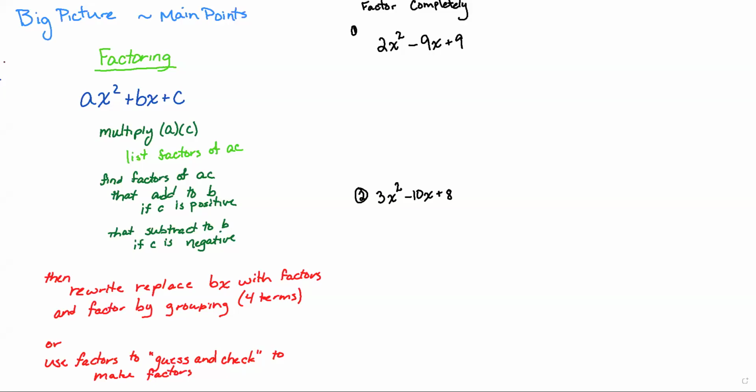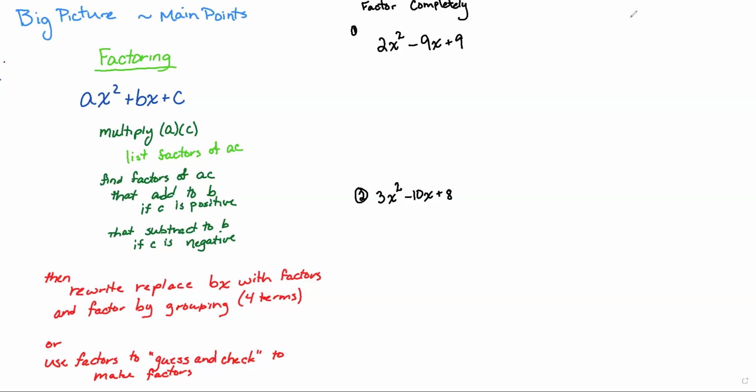All right, so we're going to factor 2 more problems that are quadratics with a little bit more work. So we have lead coefficients. What we're going to factor for the first one is 2x squared minus 9x plus 9. So to see if it factors, we need to multiply the lead coefficient, the 2, and the constant.